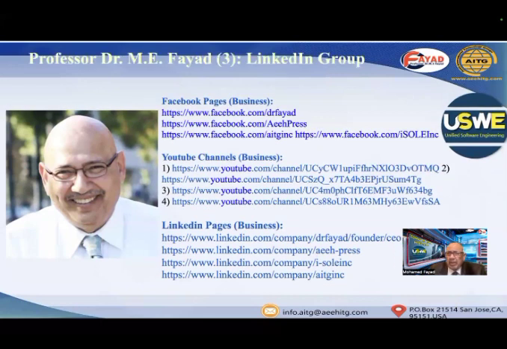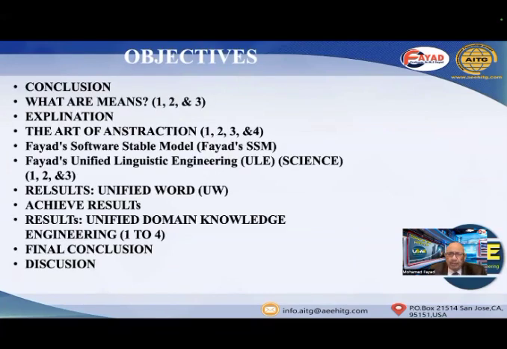I'm not going to talk about this slide, just go through it very quickly and come to the objectives. I start with a conclusion and end with a final conclusion. Then we explain what we mean by the question we're talking about, and we talk about many different solutions for the dilemma we have.